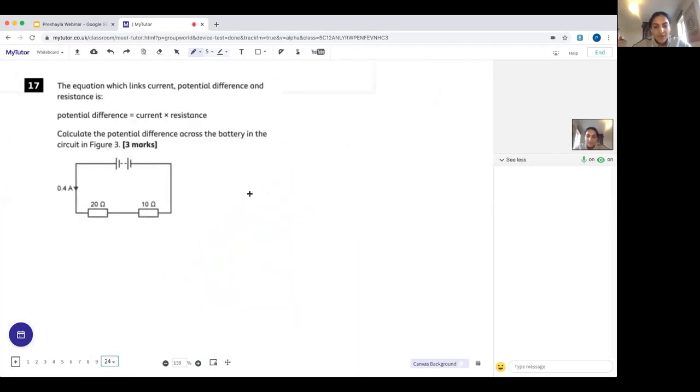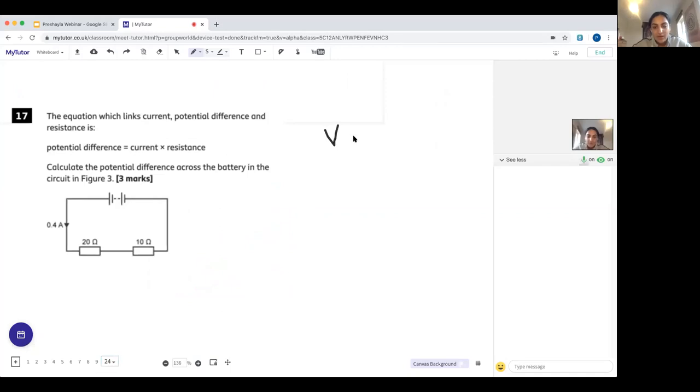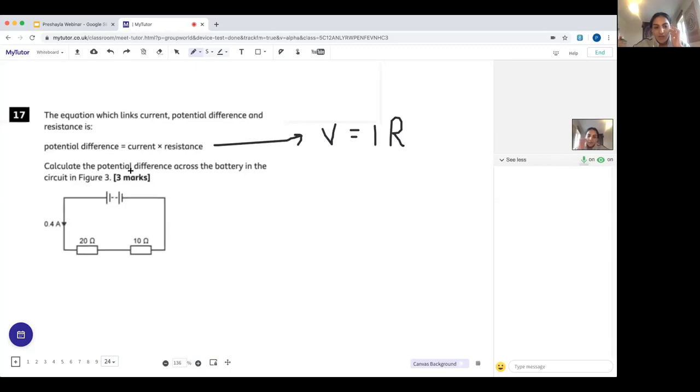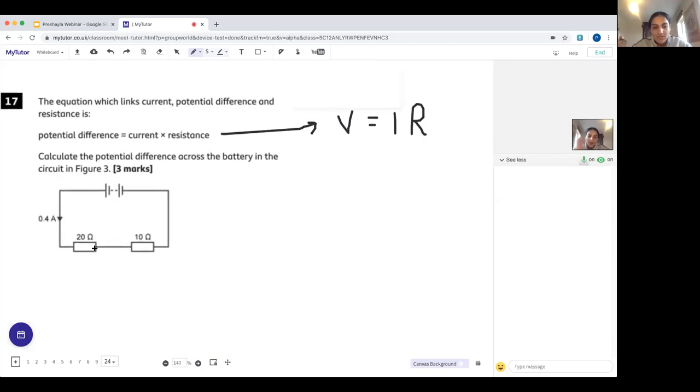So this one we have V equals IR. Again, they've just put it in there for you in words. What would be the potential difference across the battery? So here we have two resistors, so don't forget to do the appropriate thing with those resistors. So remember, when we have resistors in series, we need to do something first before we can put it into our equation.